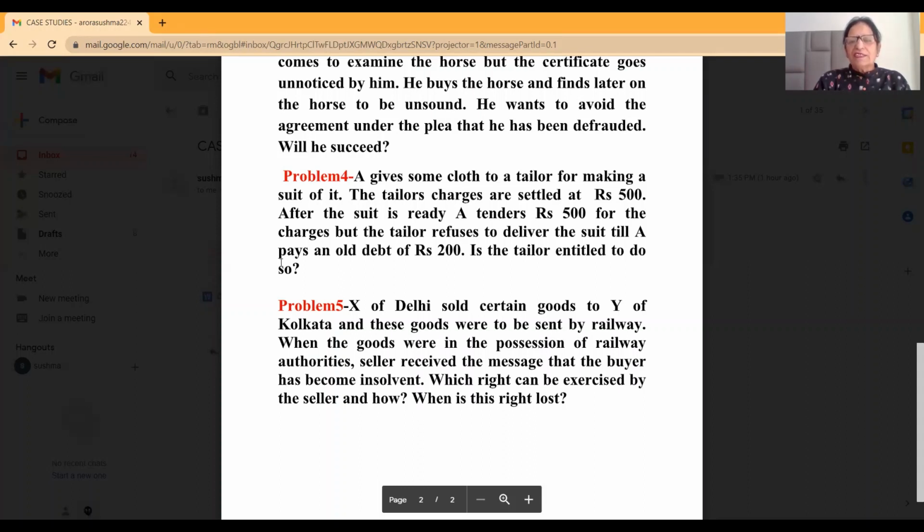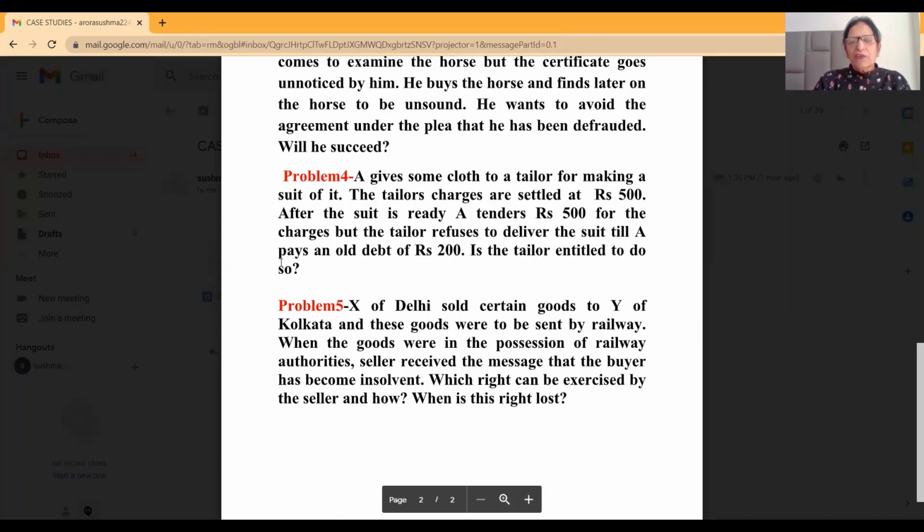How can he exercise it? He can inform the railway authorities that the buyer has become insolvent: you should not deliver the goods to the buyer at the point of destination. And then it becomes the duty of the railway authorities to follow the instructions given by the unpaid seller. And second, he can regain the possession of goods.